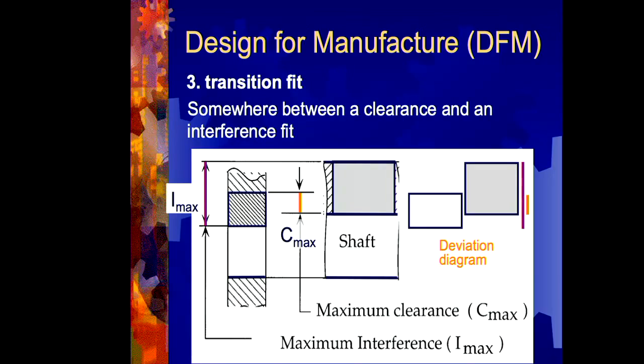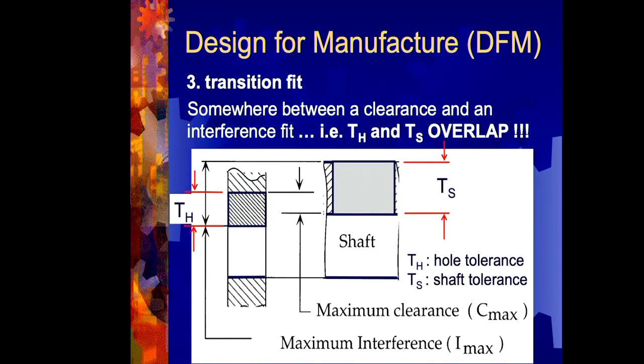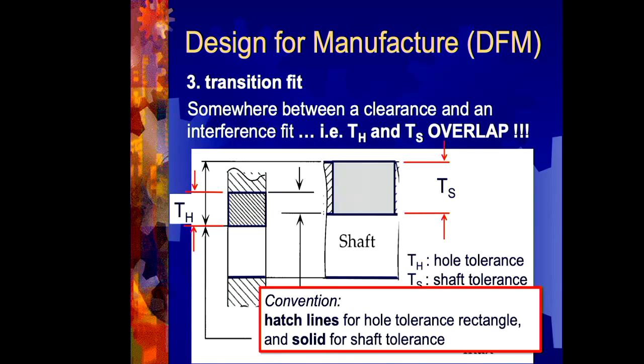Transition fits, if I'm in the mood in an exam, are always the hard one, to be able to produce a transition fit deviation diagram. And again, tolerance of hole, tolerance of shaft from a standard based on a process that we'll go through in a sec. And as I've said, convention is that we have a cross-hatching for holes and a solid tolerance zone for shafts.